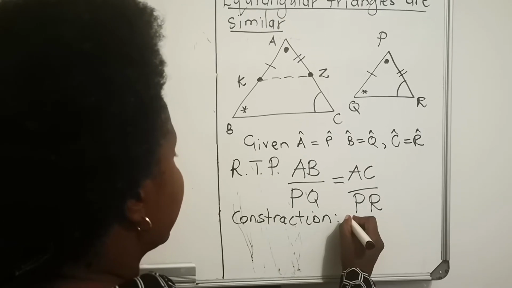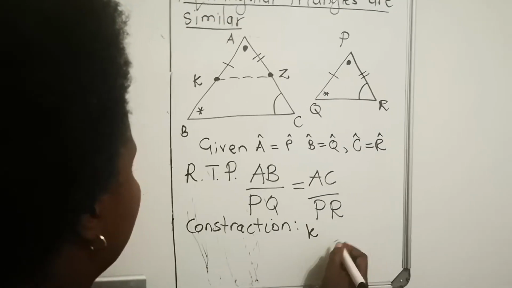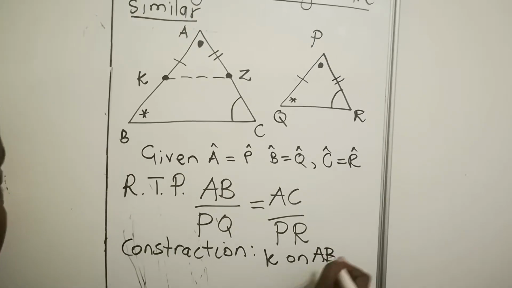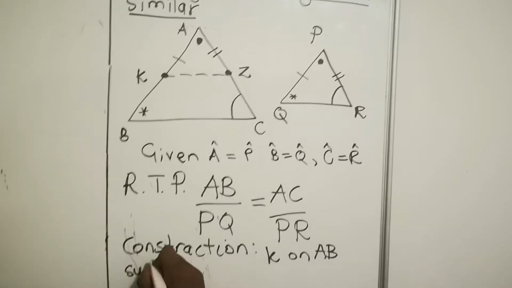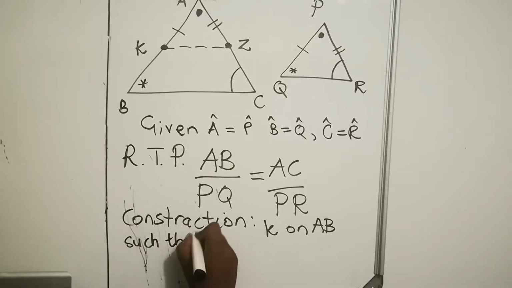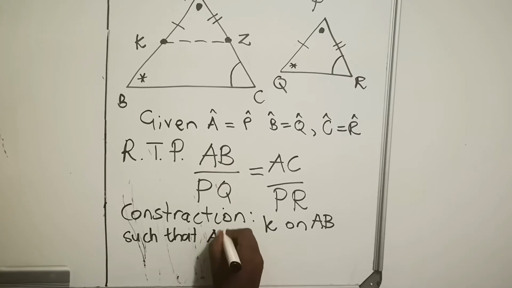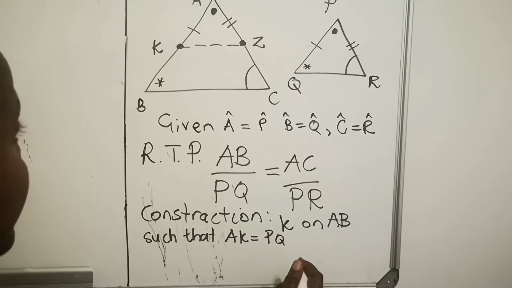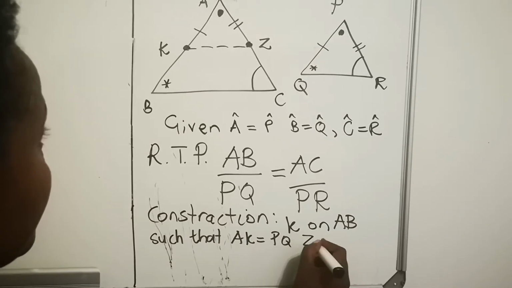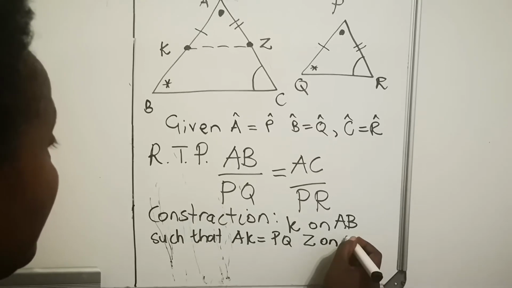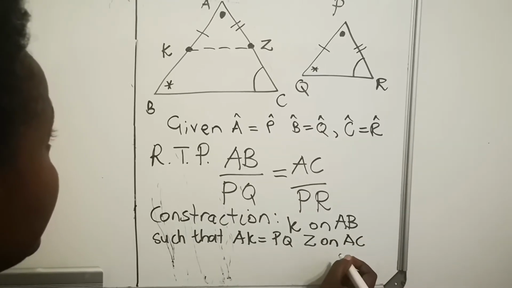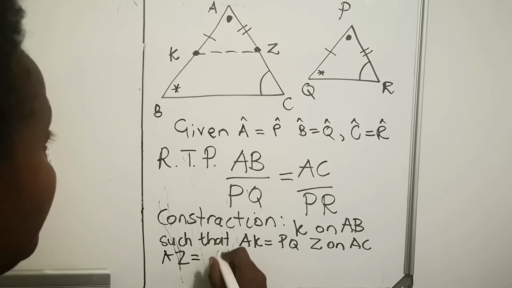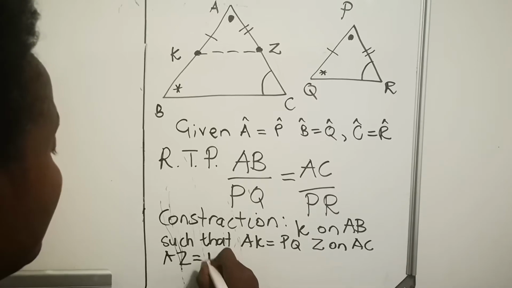Now you need to write what we have done. We have written point K on AB such that AK is equal to PQ, and we've written point Z on AC such that AZ is equal to PR.